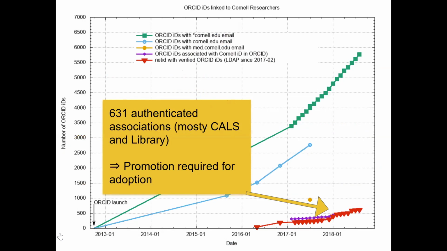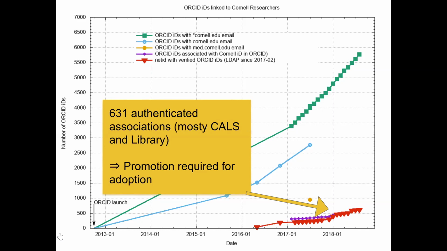If we look at the total number of ORCIDs, the green line at the top, connected to a star cornell.edu, so that includes the medical school as well as the college in Ithaca, we have around 6,000 ORCID IDs with a Cornell email.